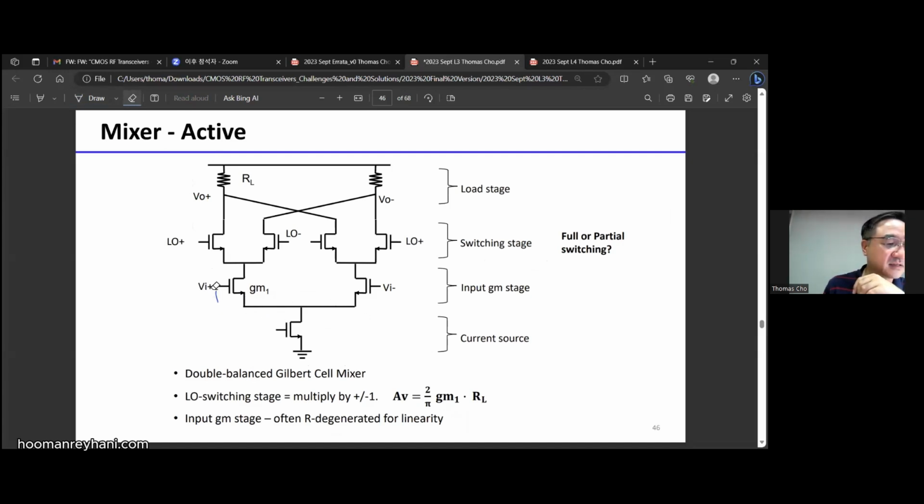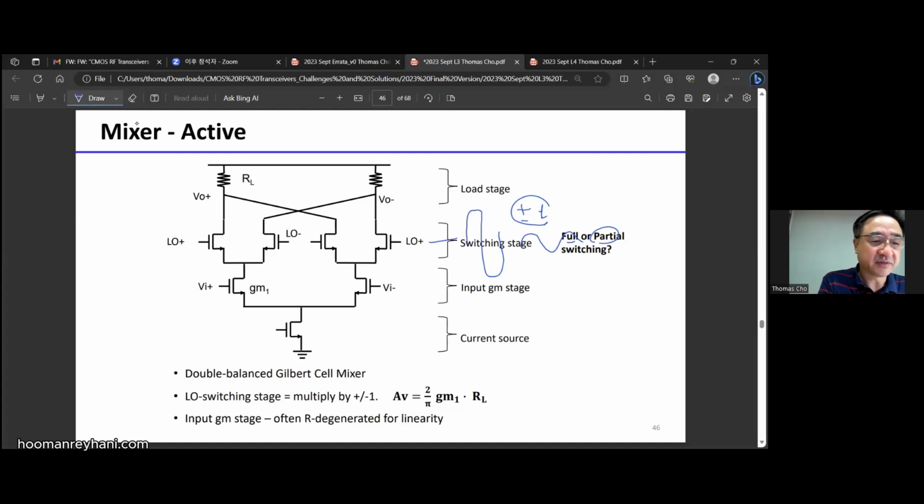And the other thing is how about the LO switching part? Do I want a full switching, meaning that I want a LO signal that is large so that you have a plus minus one type of gain, or partial switching, meaning a smaller signal swing?